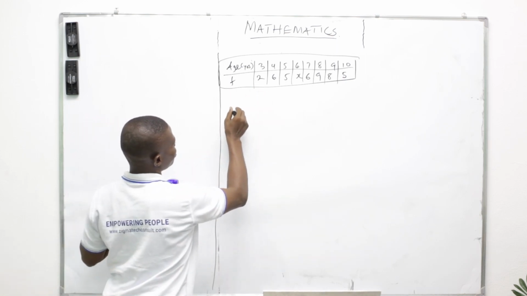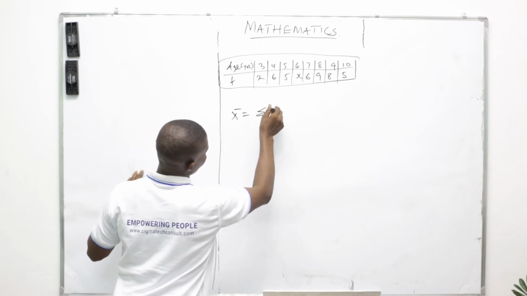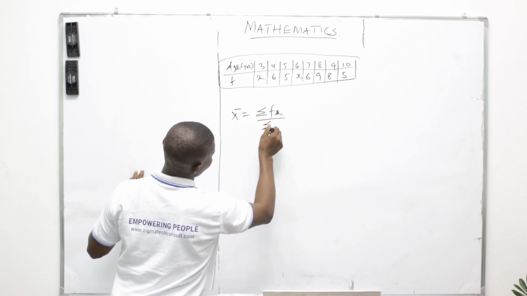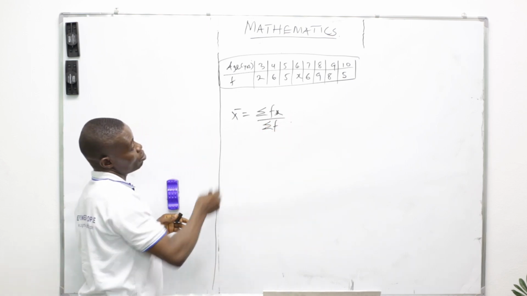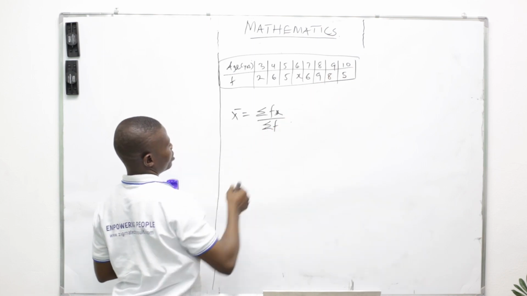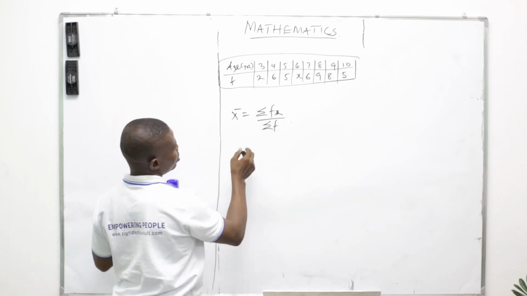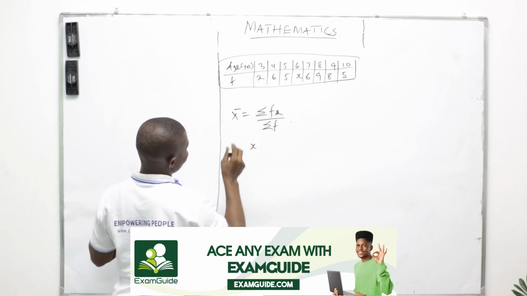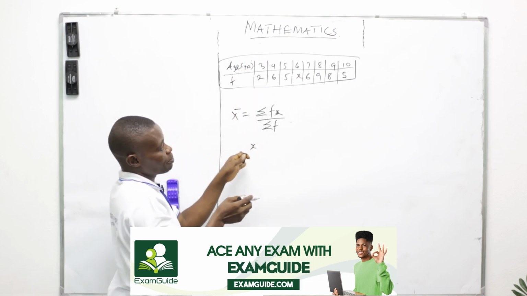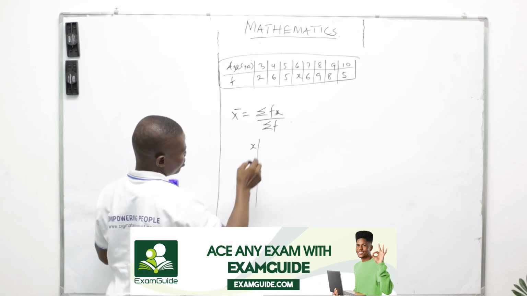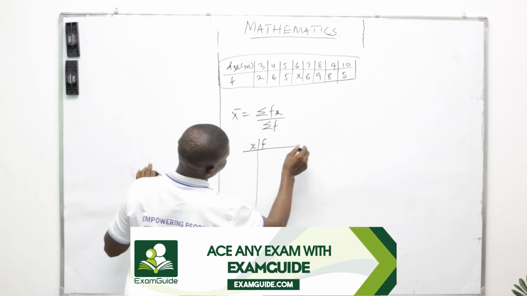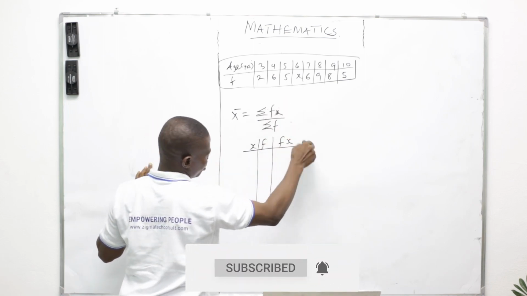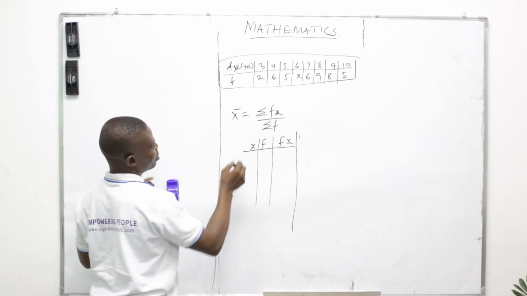Mean x bar equals summation fx all over summation f. Many will have to create a table for this. So to get this, we have age in years to represent our x for us. The number of children is the frequency. The fx is the one in the formula.